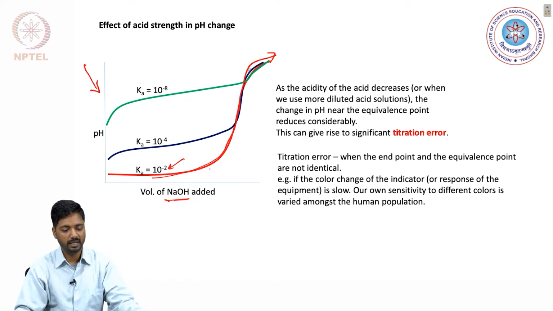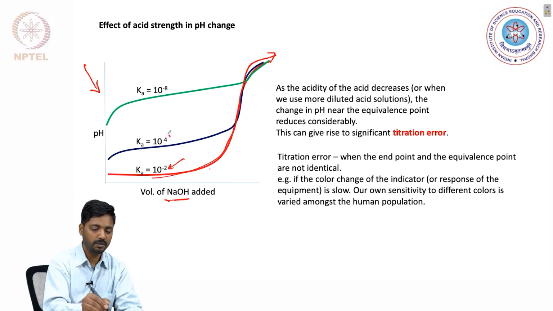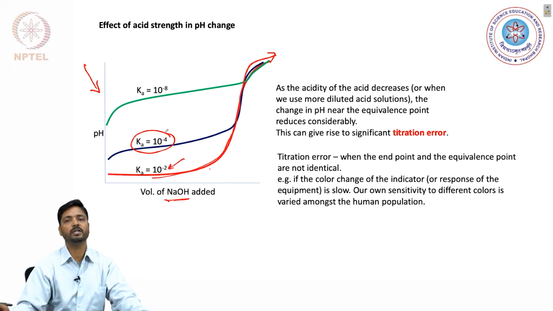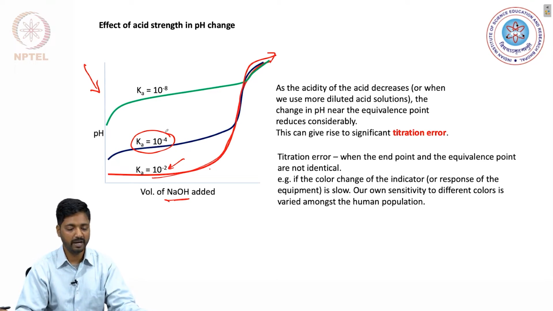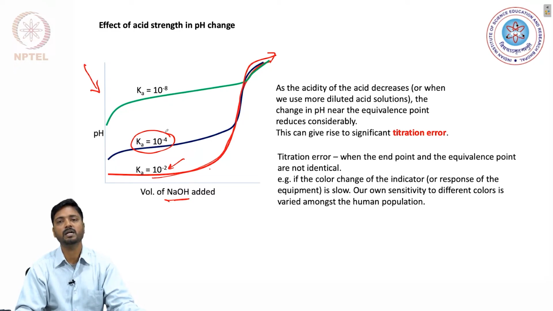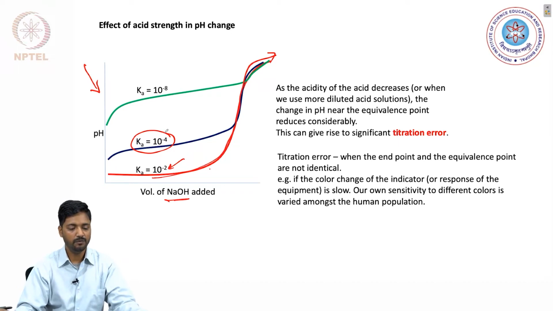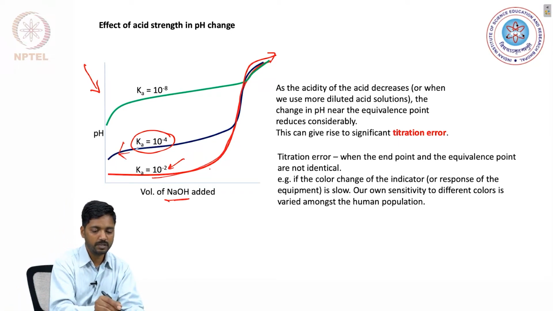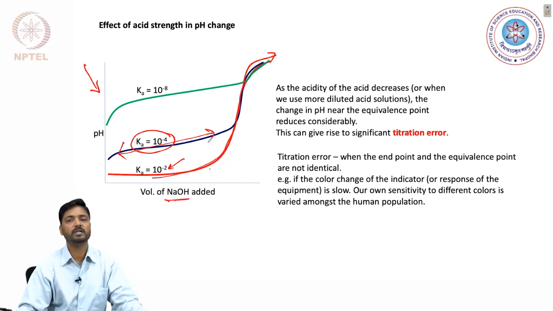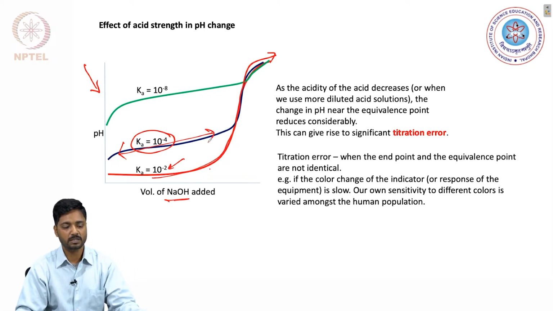However, when the acid strength is reduced, for example, when we take a Ka value of 10^-4, the acid is weaker than the acid which has a Ka value of 10^-2, and in this case we observe a regime where the pH increase is indeed slow.